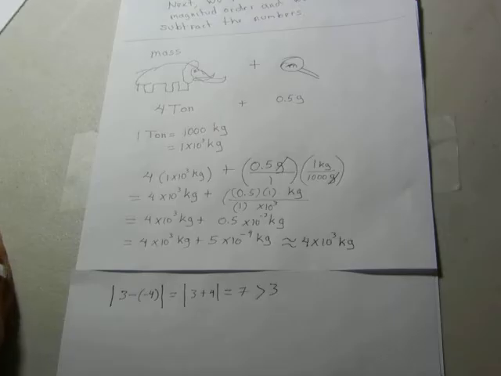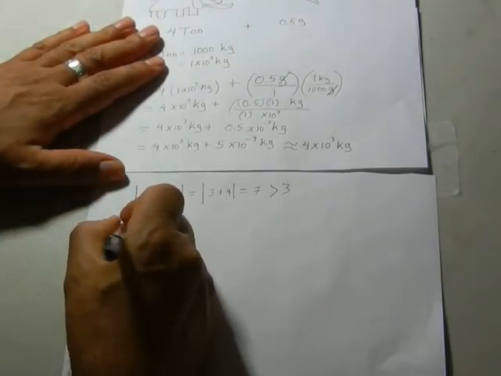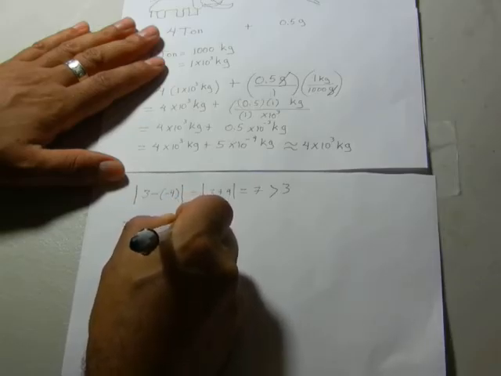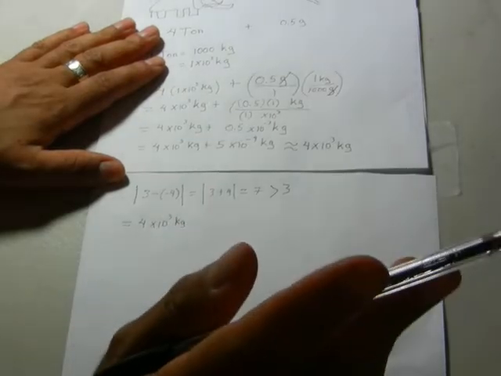If you want to have a sense of this, let's try to do it directly. So 4 times 10 to the 3 kilograms, and I'm going to follow the second steps.